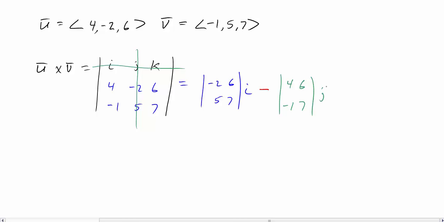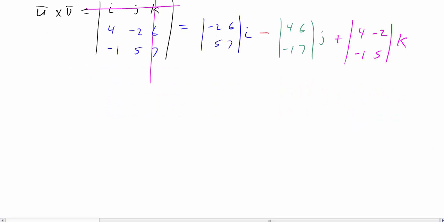That's multiplied by j. And then we go to the k, and we're left with 4, -2, and -1, and 5. And that's our k component.